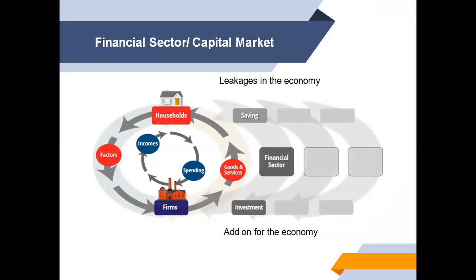On the other hand, certain additional investments may also be seen, like the government is investing money or some private entity is coming into the picture, or in the form of foreign investments. So if any additional investment is happening, then it becomes an injection for the flow, which we also call an add-on for the economy.